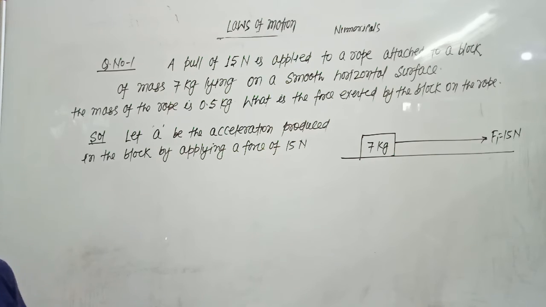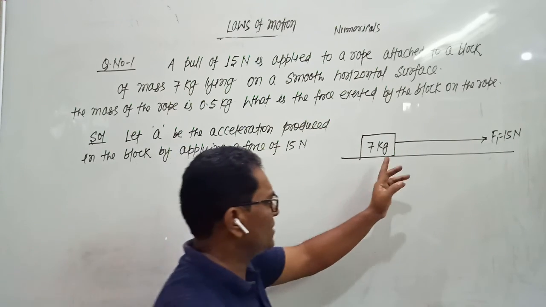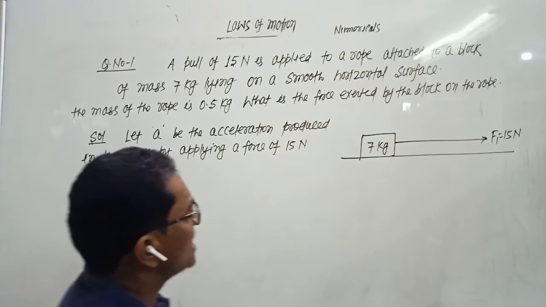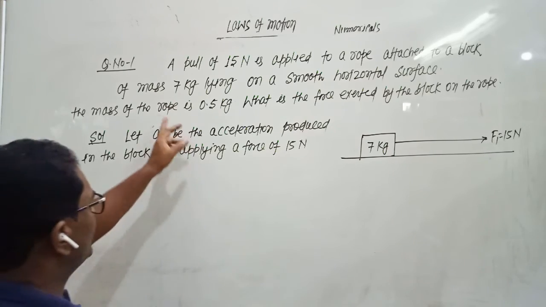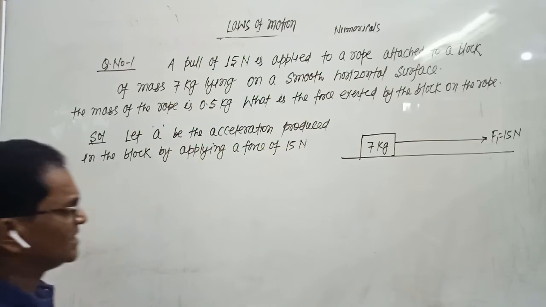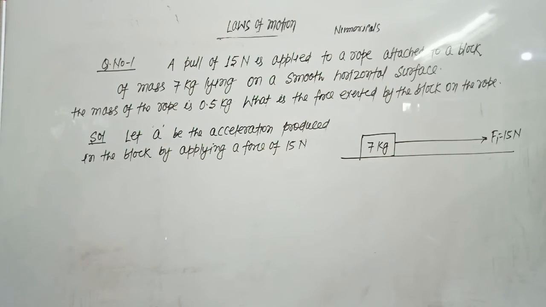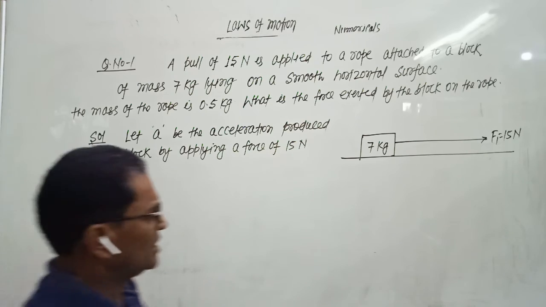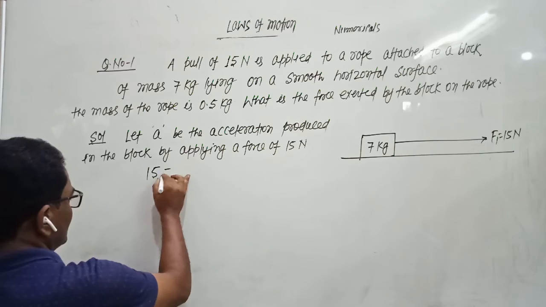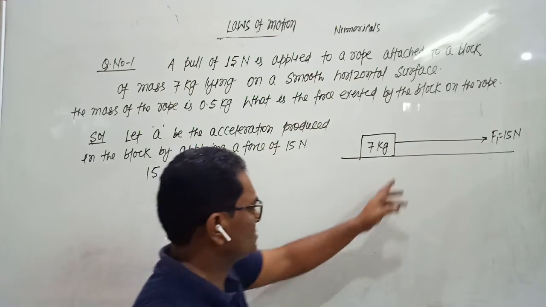So the resultant force acting equals the sum of the masses of the block and the string, because the mass of the rope, 0.5 kg, is also given. Force equals mass into acceleration, and the force acting on the block is 15 Newton, and for mass we have to take the sum of the masses of block and rope.